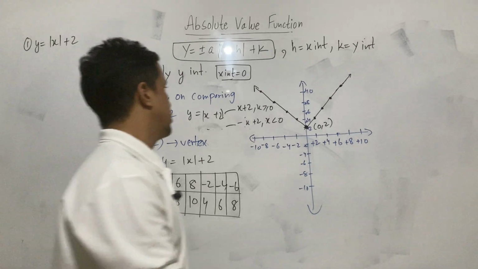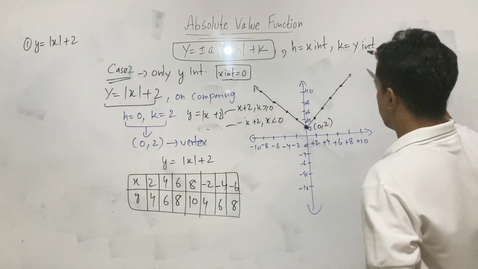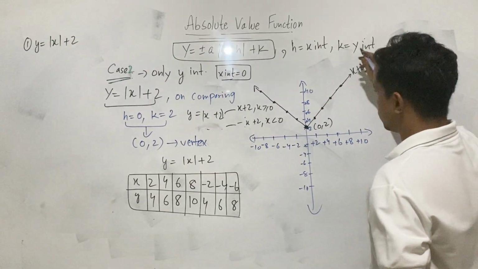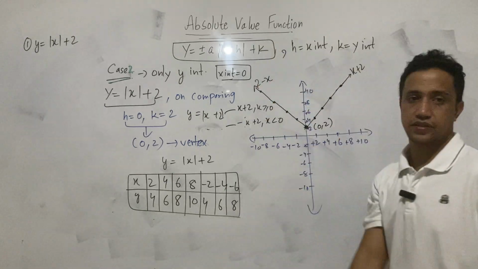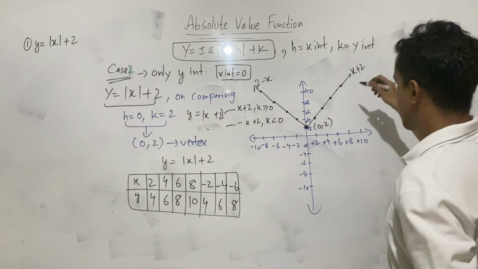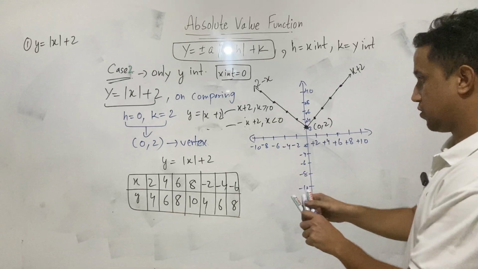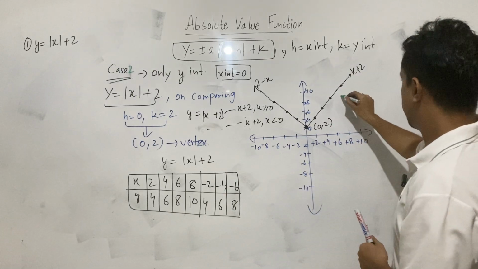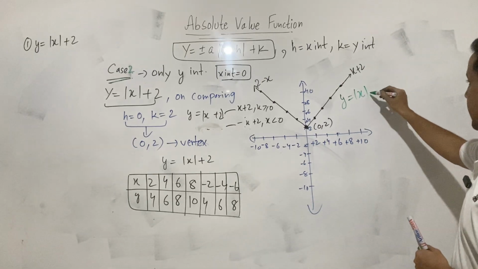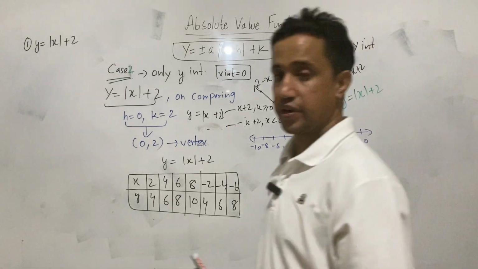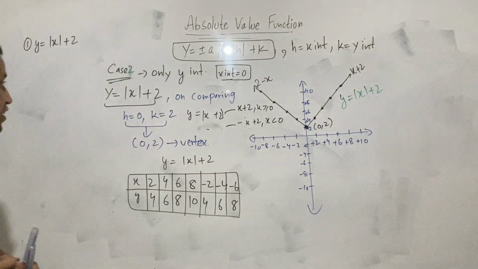So for this one, x plus 2, and for this one, 2 minus x, and this whole graph is for y equals the absolute function of x plus 2. I hope this is clear.